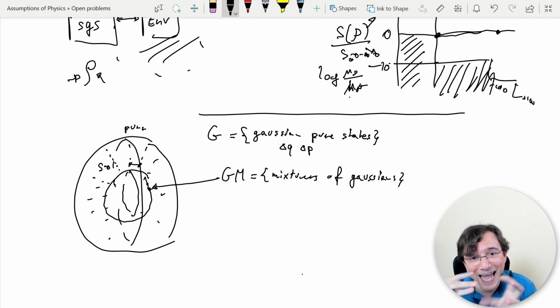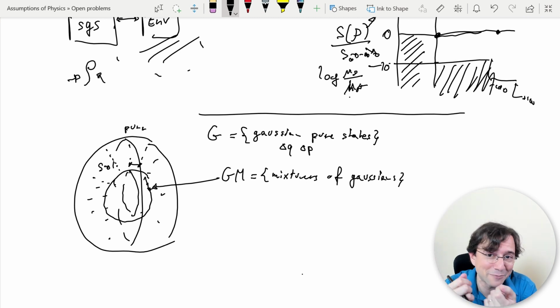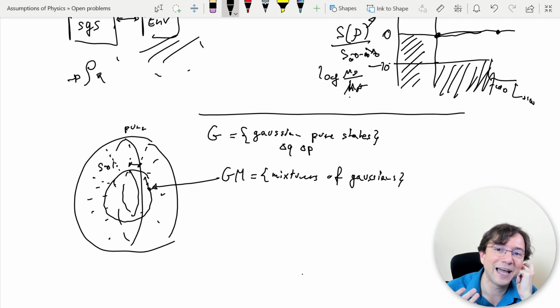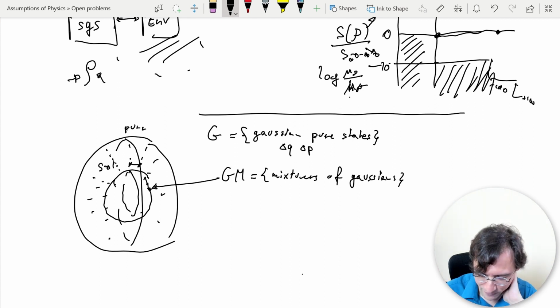So as you go inside the space of states and increase the entropy, you always find that the elements of the Gaussian mixtures become closer to each other and closer to all the other points. So you make a smaller and smaller mistake by pretending that your mixed state is actually a mixture of Gaussian states instead of being a mixture of whatever those things are.